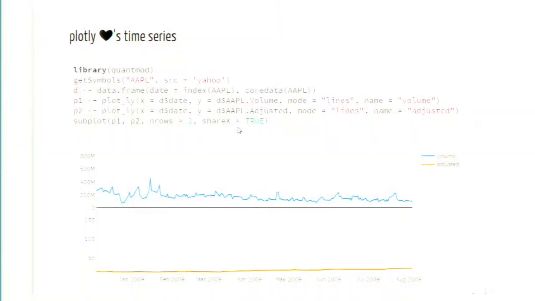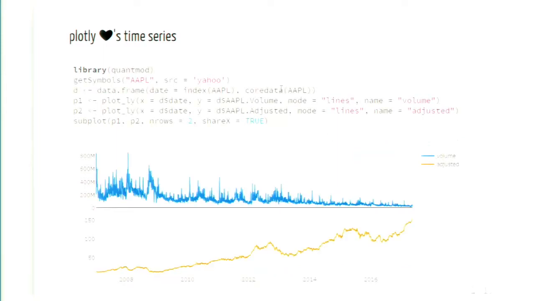You could scale them to different heights if you wanted to, but here I'm just giving them equal heights. And then notice by saying shareX equal to true, when I zoom and pan on an x-axis, they both share that zoom event. And then if you want, you can reset the axes.